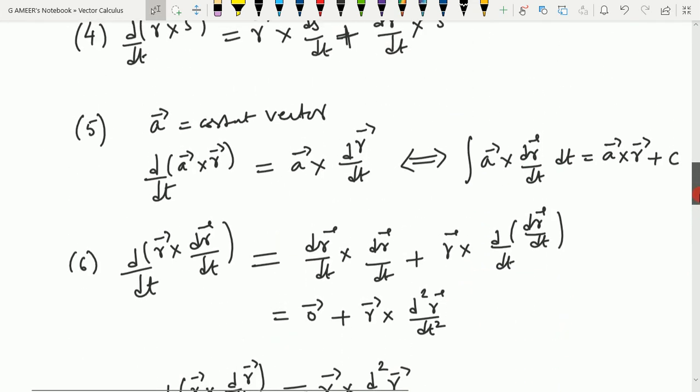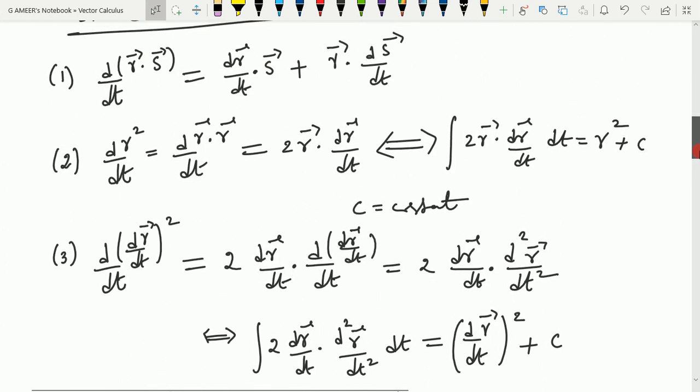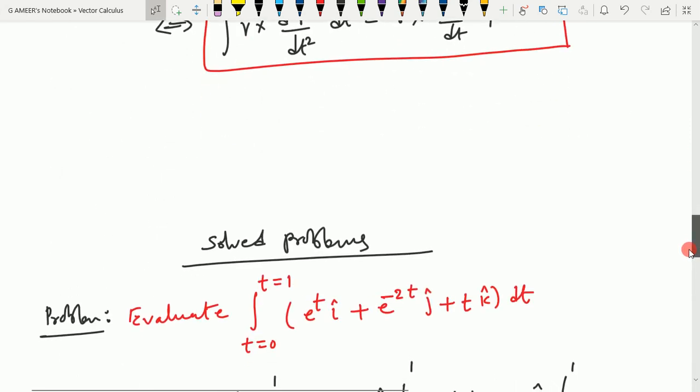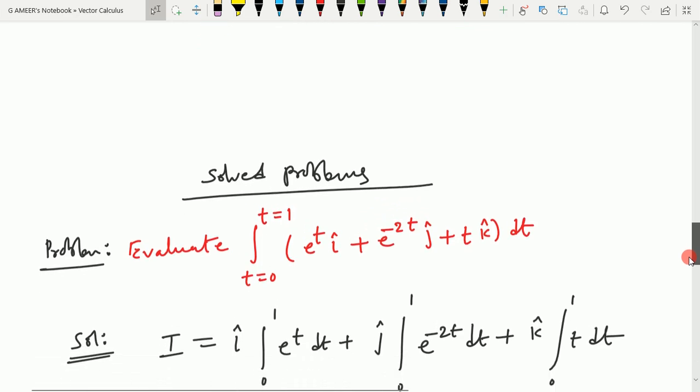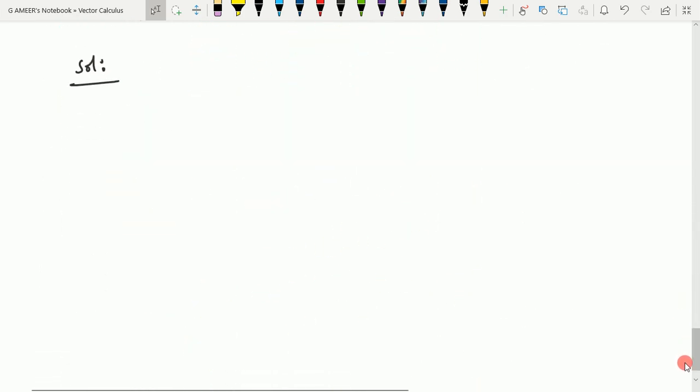If we go to the standard result, the second one says integration of 2 r dot dr by dt into dt is equal to r square plus c. So we use that standard relation.